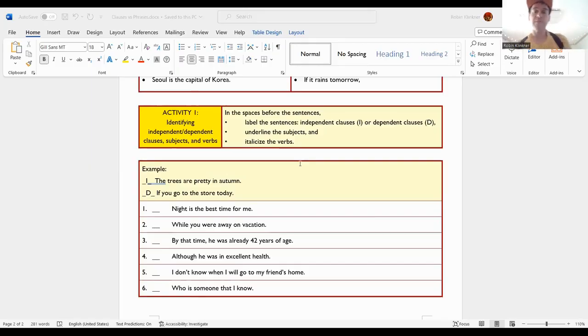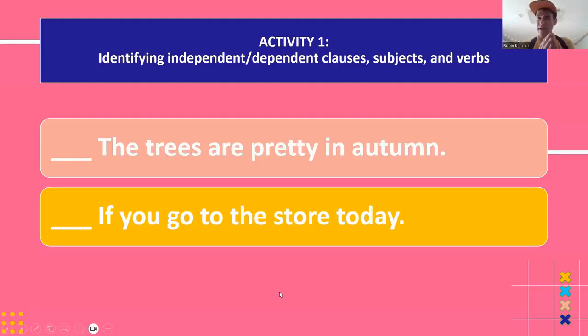So for this activity, you're just identifying whether the clause is independent or dependent and identifying the subjects and the verbs. So in activity 1, all of the expressions are clauses. They all have subjects and verbs. Some are independent clauses, some are dependent clauses. So here are 2 examples.